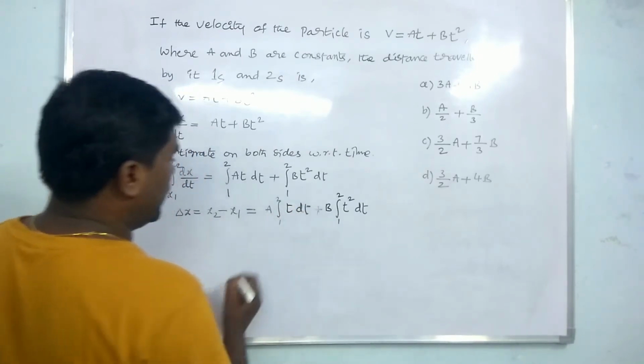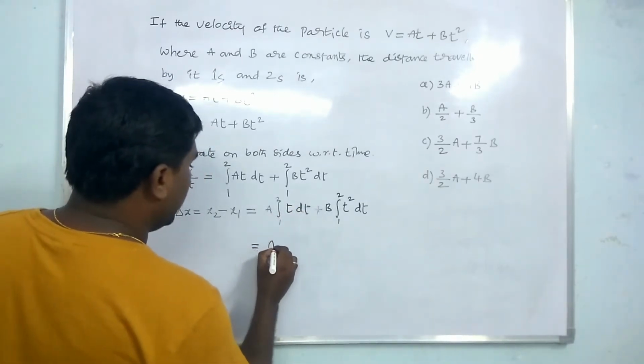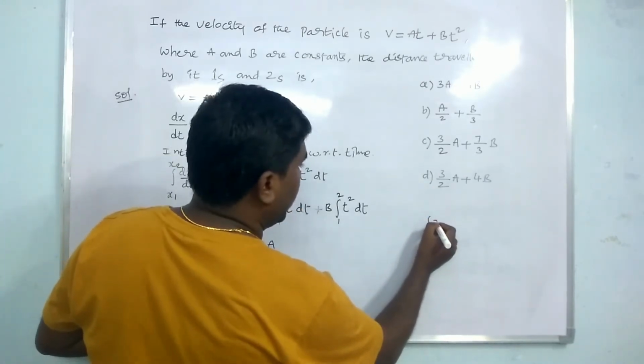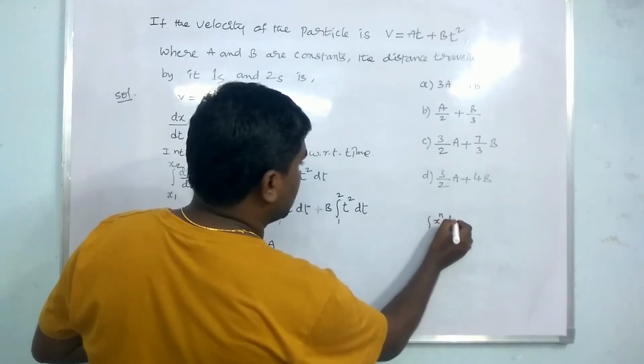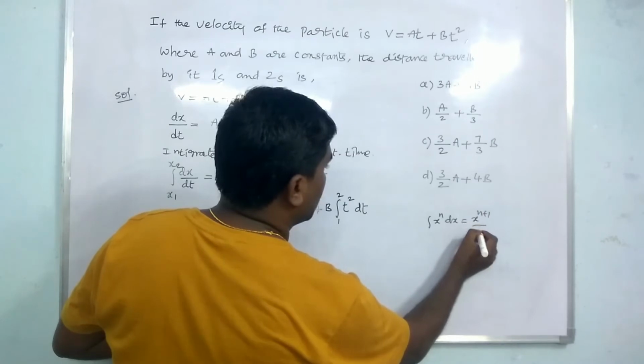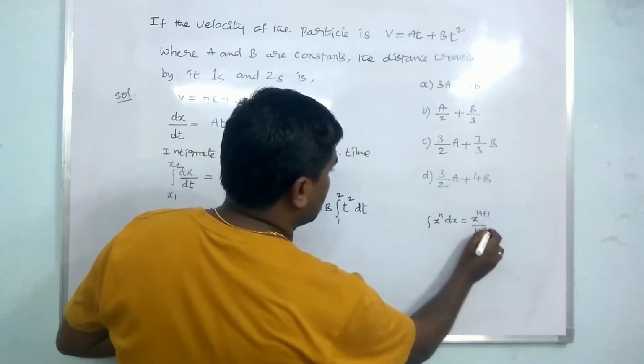Now we apply integration. Integral of x power n dx is equal to x power n plus 1 by n plus 1, plus some constant.